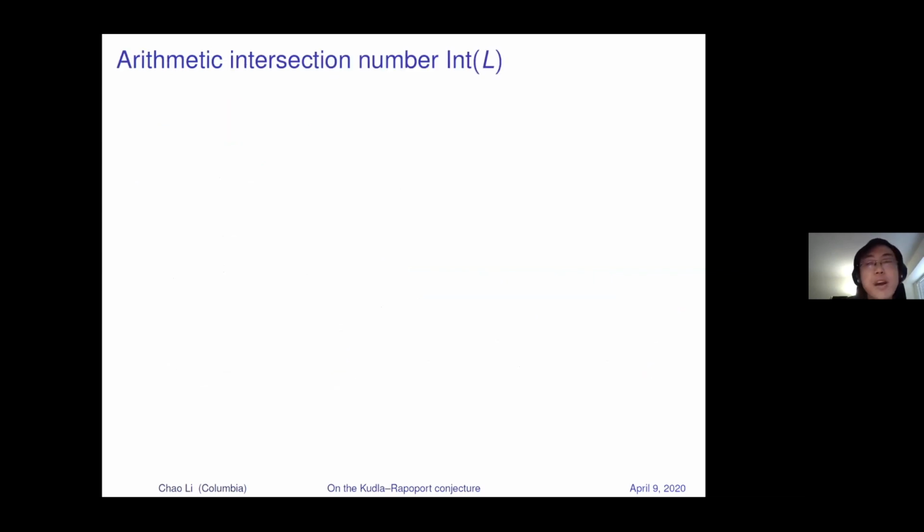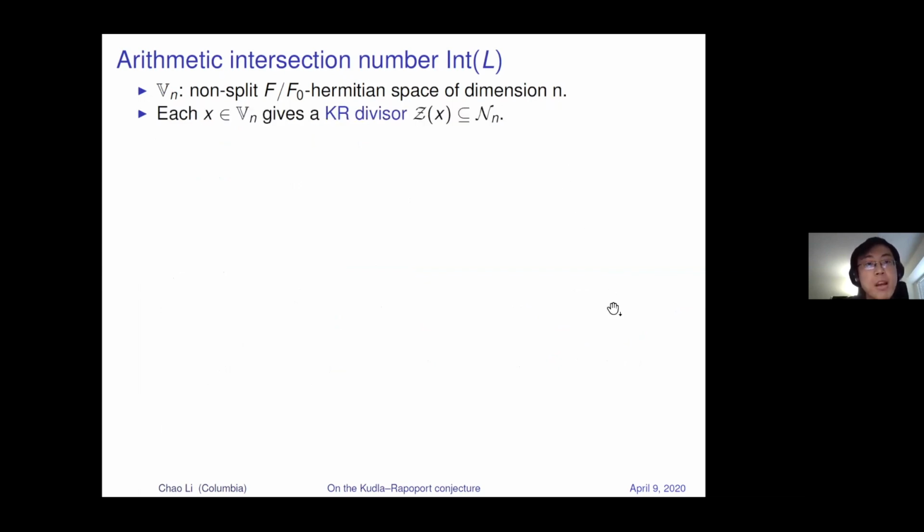All right, so now I can define the arithmetic intersection number using the analog of Kudla-Rapoport divisors. Let me take a non-split Hermitian form of dimension n, denoted by V. Each vector in this Hermitian space can be viewed as a special quasi-homomorphism of p-divisible groups.